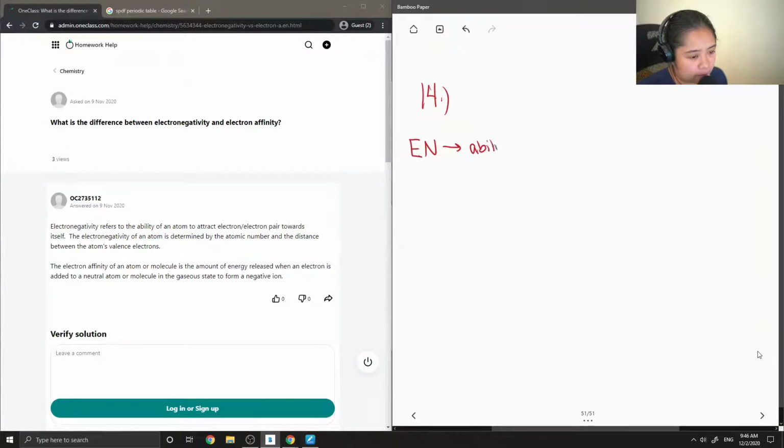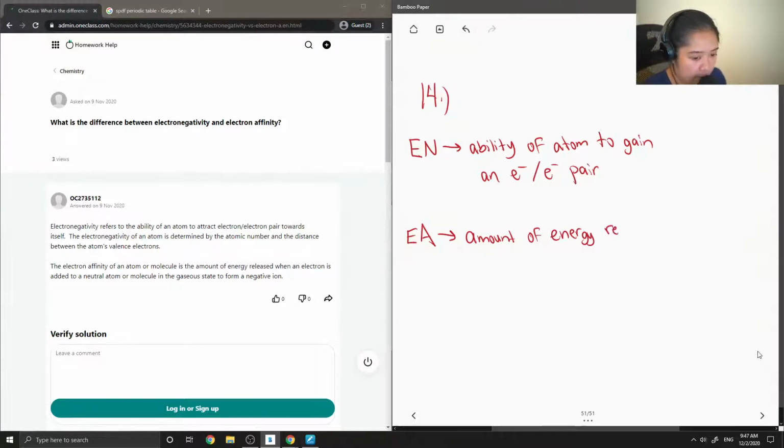Electronegativity is the ability of an atom to gain an electron, and on the other hand, electron affinity is the amount of energy released when an electron is added to a neutral atom.